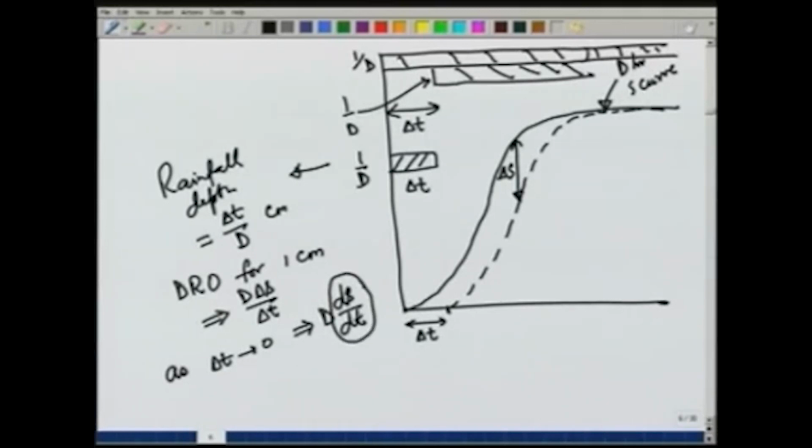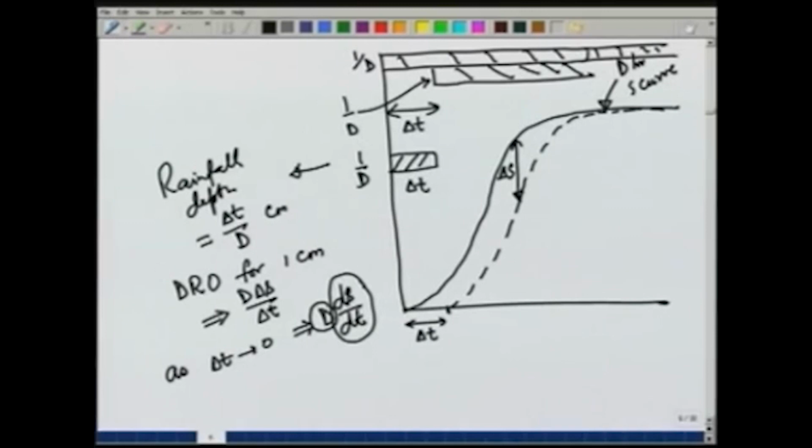ds over dt is nothing but the slope of the S curve at a particular time, and d, as we have seen, is the duration of the rainfall for the unit hydrographs. If we keep d equal to 1, then what we get is the ordinate of the instantaneous unit hydrograph at any time t will be ds by dt.